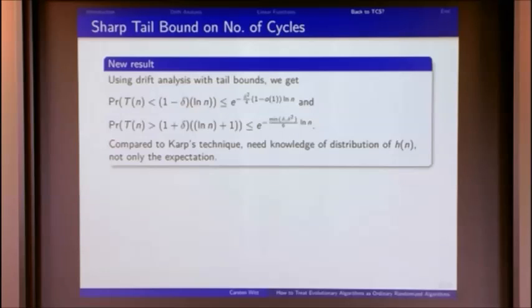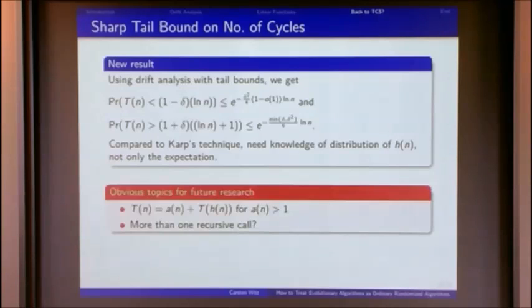And you have to spend much more effort in order to exploit the distribution. Obviously, this was just a proof of concept of how drift analysis could work in the analysis of random recursions. A very simple case, and Karp considers much more complicated cases. For example, that the effort spent at the current level is not a constant, or that you have more than one recursive call, as in quicksort. And we do not know what to do here yet, in any case.